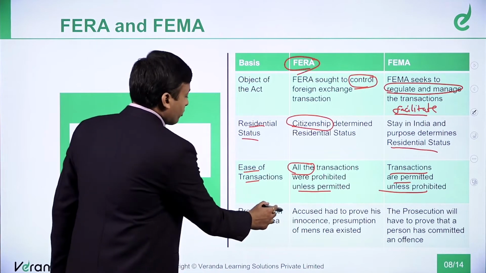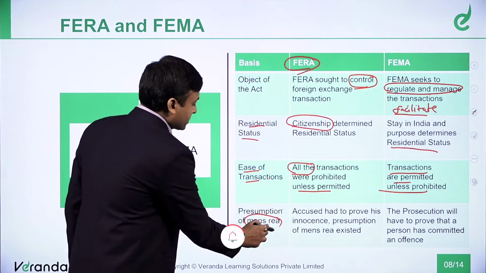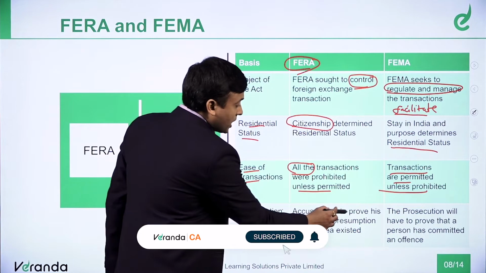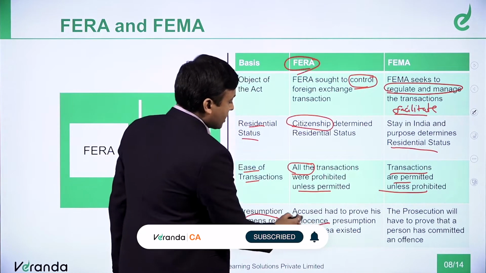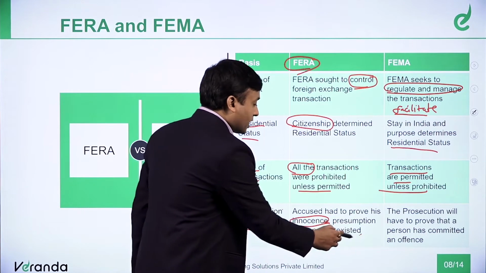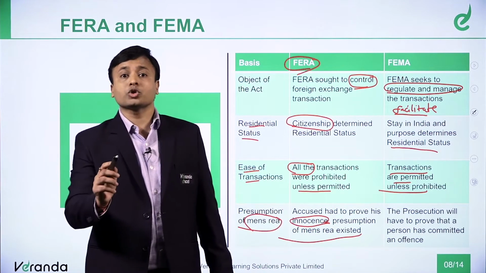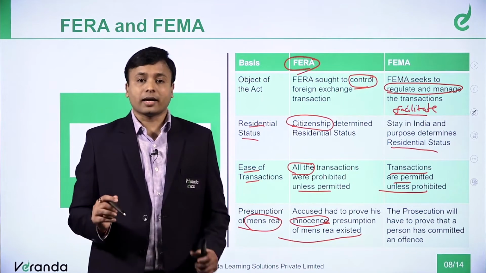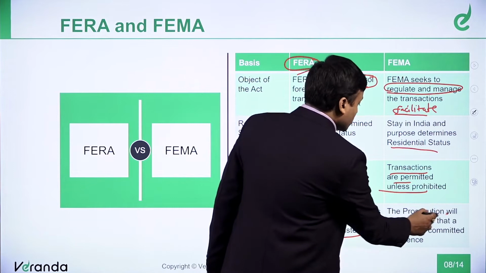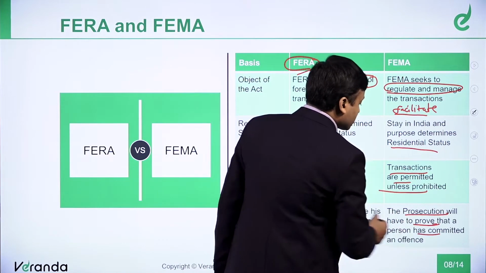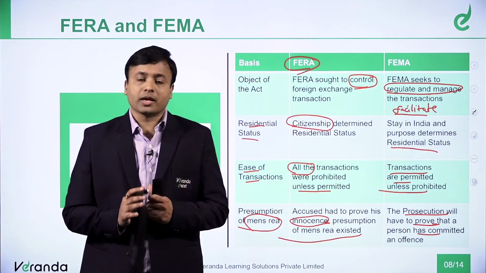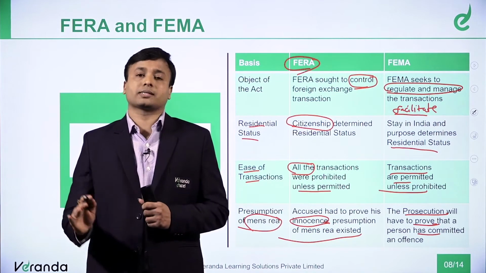Now, presumption of mens rea, this we have already discussed. FERA assumed the accused had to prove his innocence. Presumption of mens rea existed, meaning the accused had to prove himself that he was innocent. However, in case of FEMA, the prosecution will have to prove that the person has committed an offense. So, in the case of FEMA, it didn't have mens rea as a concept.